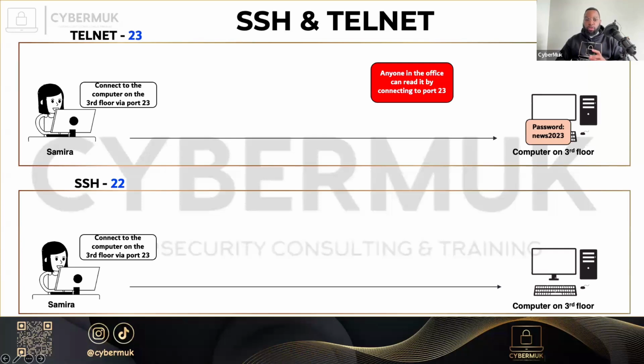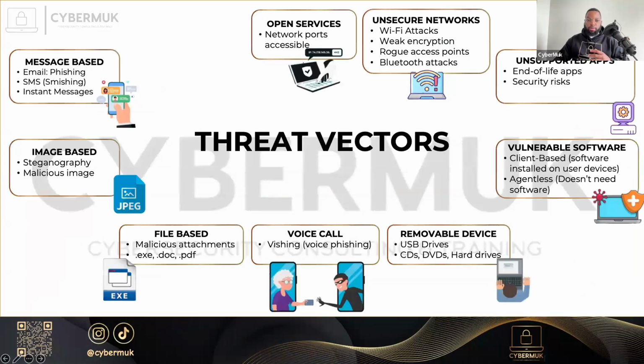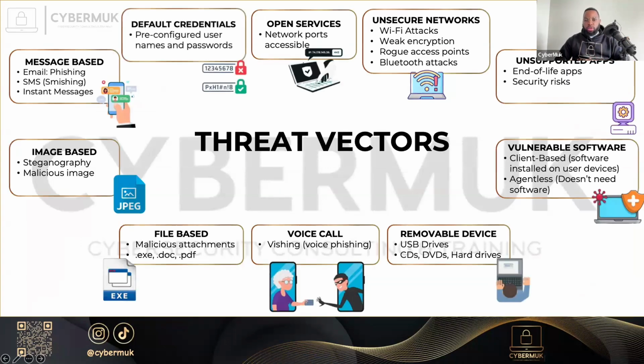Meanwhile, with port 22, with SSH, Secure Shell, what happens in reality is like a digital tunnel is created, and whatever she sends to the computer on the third floor, no one can read the communication because it will be encrypted. So it's important to use secure ports and services and to close the unused ones.